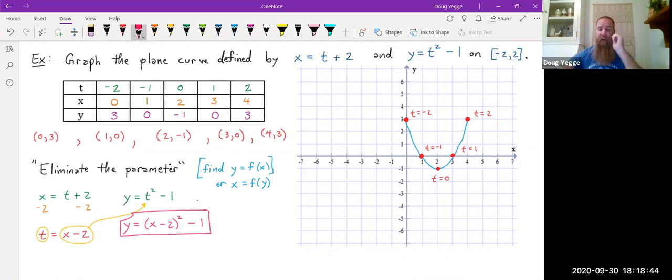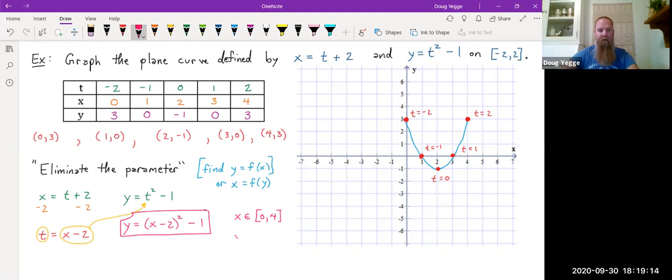But there's an issue here, because we should also be able to find what our domain is for our x's and our y's. Since I know that t had to go from -2 to 2, I can look up here at my x coordinates and my y coordinates and state that x belongs to the interval 0 to 4. This is the symbol for belongs to.